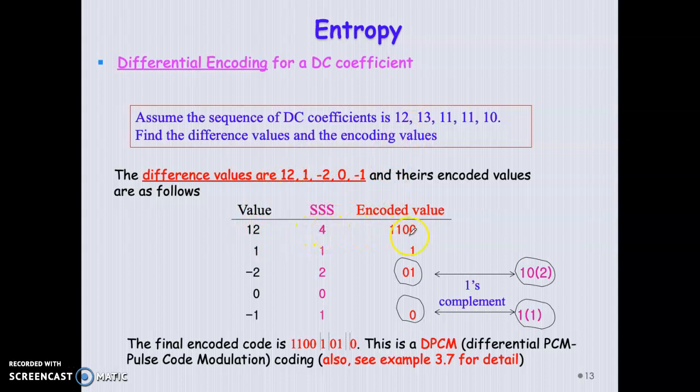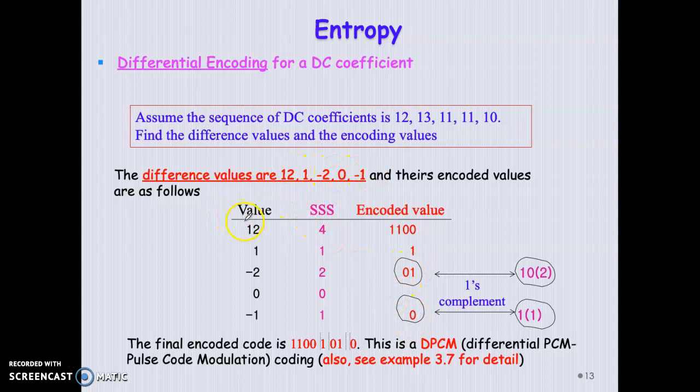The binary of 12 is 1100. Next is 1, so you get the SS and also the value. The final encoded is 11100, 1, 0, 1 and 0.